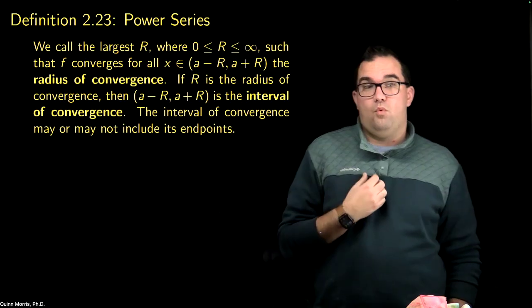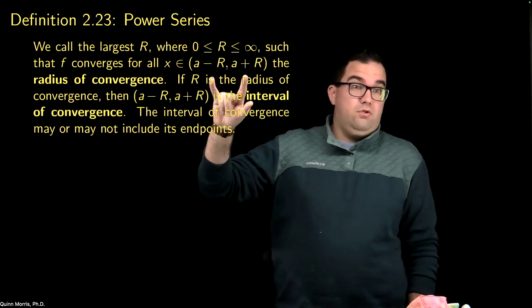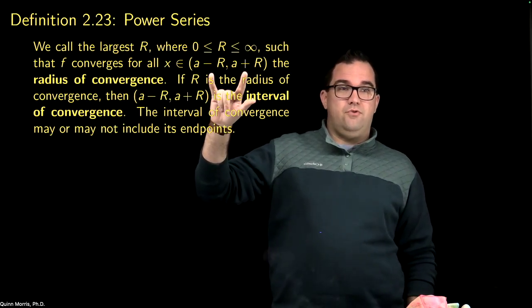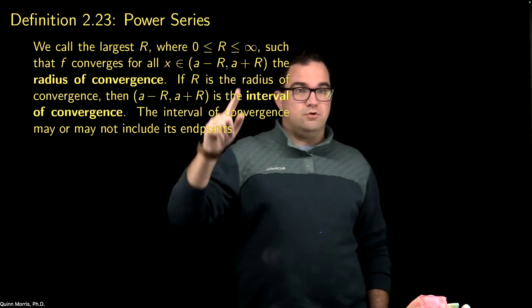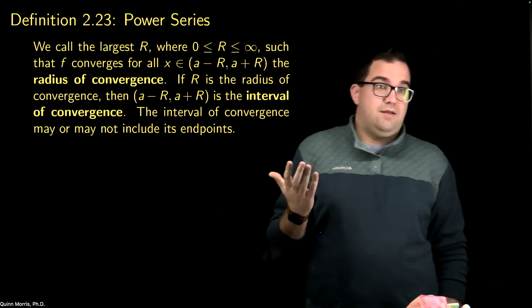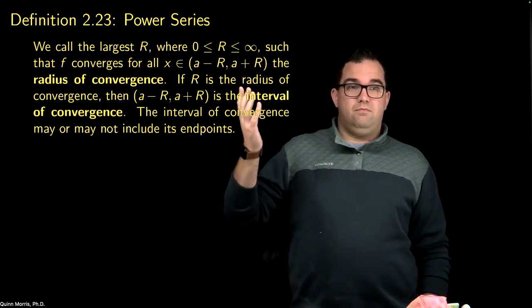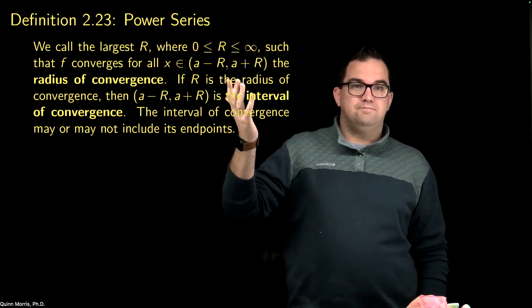Why do I know, for example, that this is going to converge on some interval? There's no reason to suspect that. How do I know it's going to converge on an interval? That interval will be centered at the same place the power series is centered, right? How do I know that? How do I know that any of this is going to happen? We're going to have to prove that.